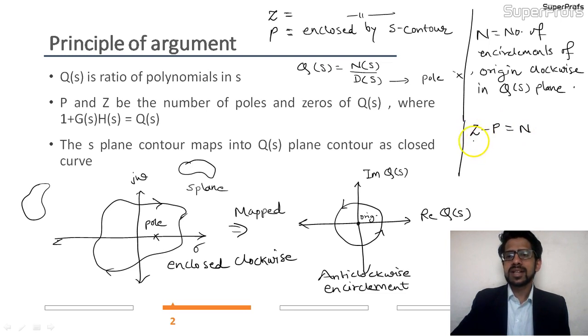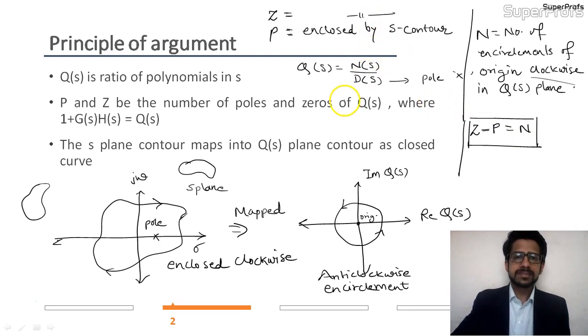Z are the clockwise enclosures, and P are also clockwise enclosures, which get subtracted because they have negative effects on the encirclements, and we call clockwise encirclements positive. Hence, according to the principle of argument, you have this equation: Z minus P is equal to N, where Z, P and N are as defined.